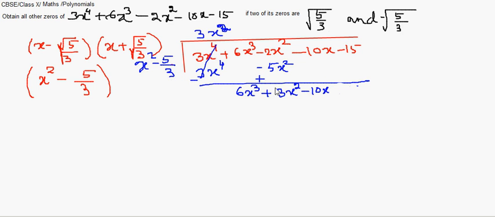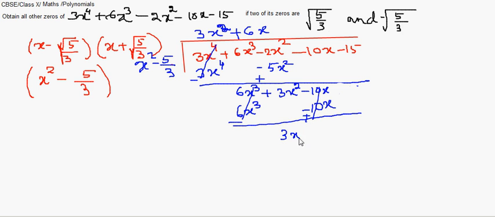So now I have to think it to be square, so it is plus 6x. That will give me 6x cube. Again there will be no squares. I'll be getting 5 by 3 into 6, so it is 10x. Okay, so this is getting cancelled, this is getting cancelled.